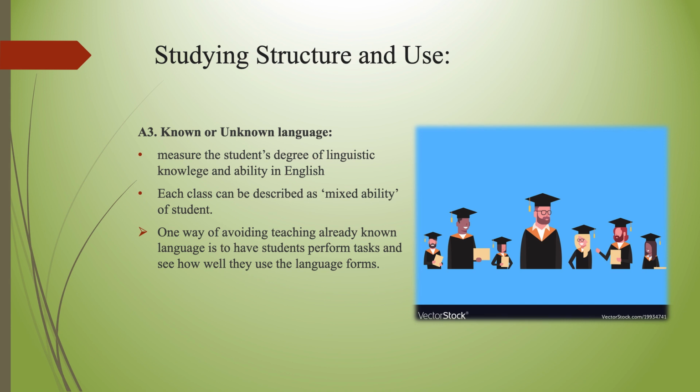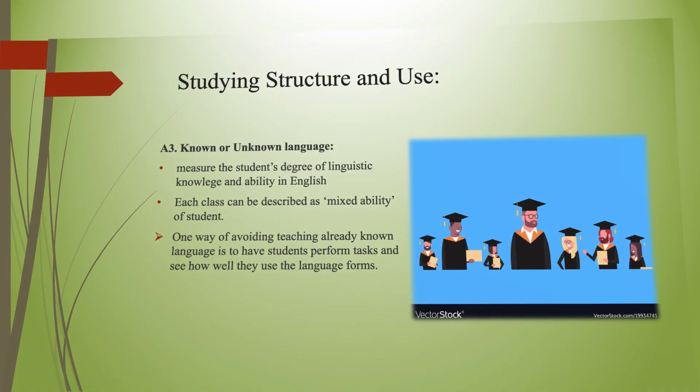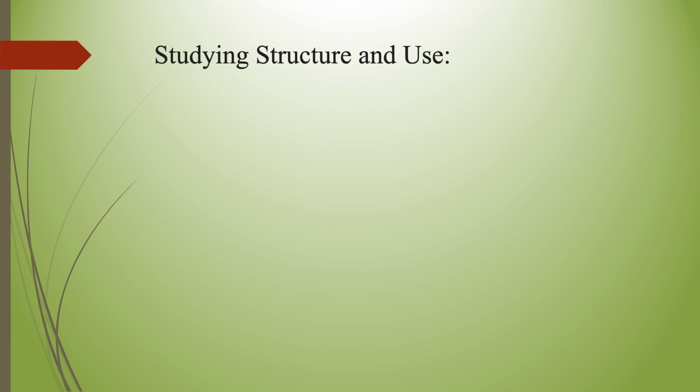For example, when the school just starts and the teacher sees the new students in the class, he doesn't know their ability, so he has to give them a task to do, and then he observes the ability of those students, and then he can teach them to fit their ability or their knowledge.